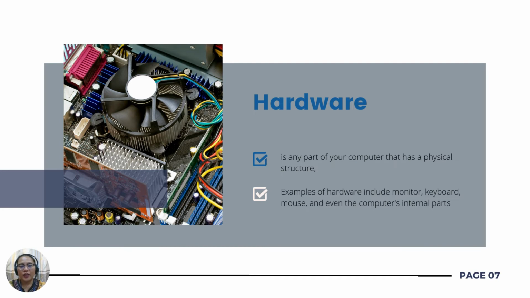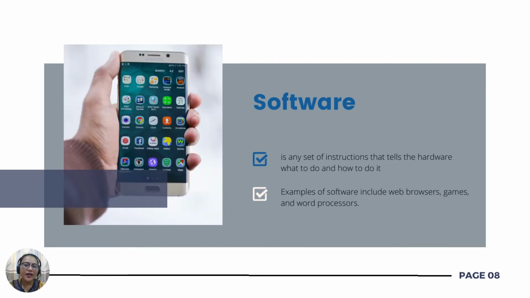On the other hand, software are a set of instructions that will tell hardware what to do and how to do it. Examples of software include web browsers like your Mozilla Firefox and your Google Chrome.